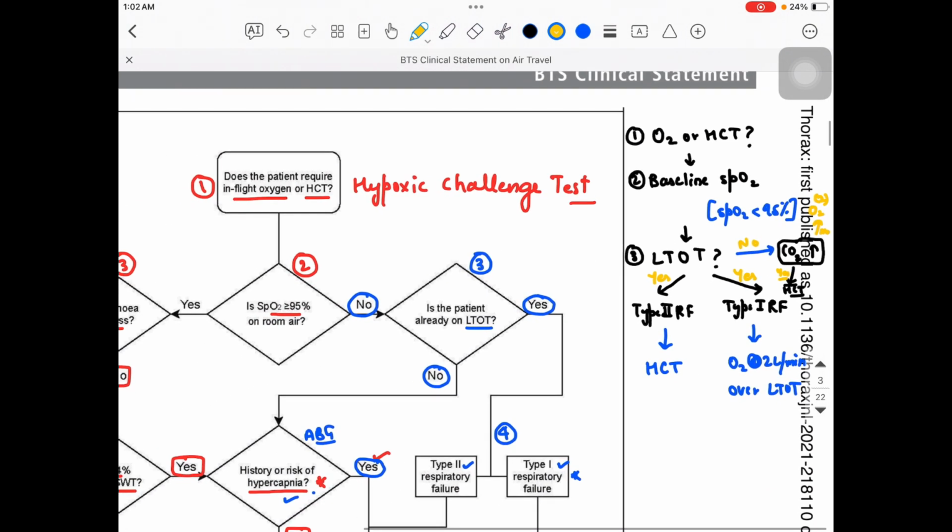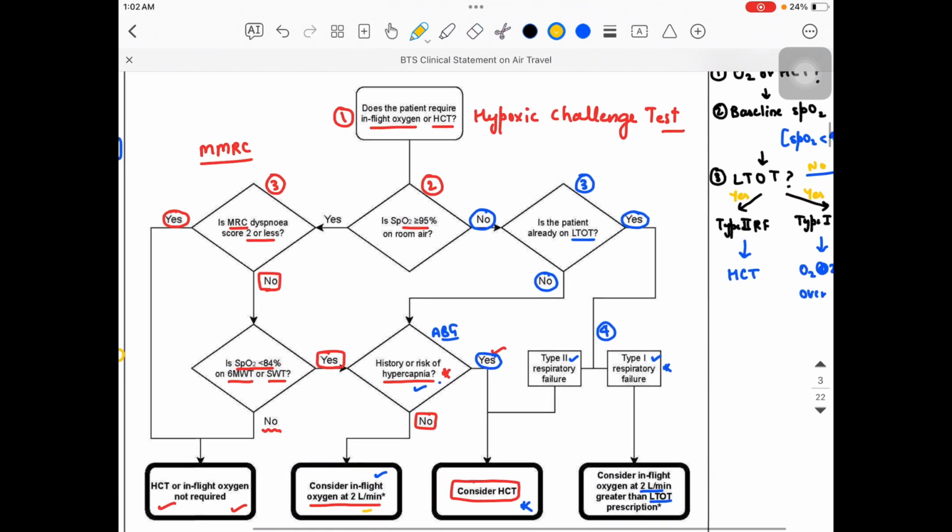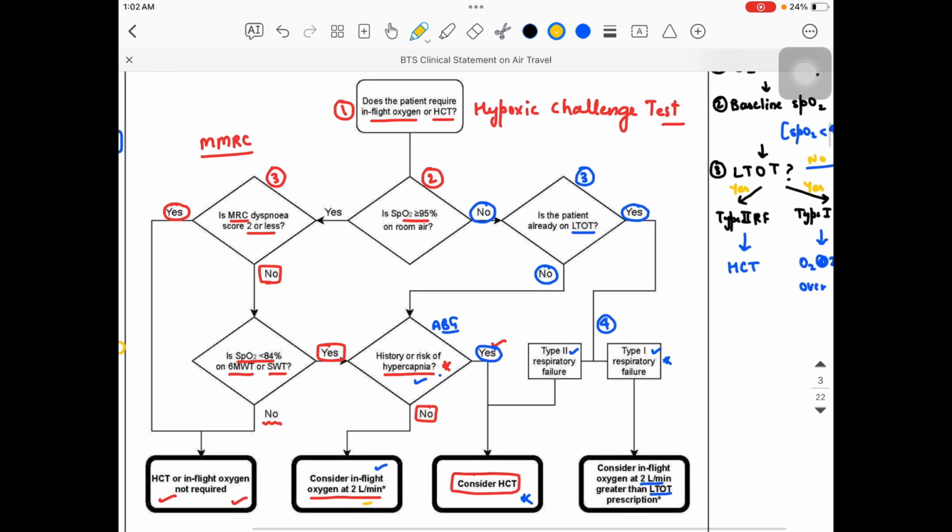Okay, so I hope there is no confusion in the recommendations: what kind of patient needs the hypoxic challenge testing, what kind of patient needs oxygen support in the flight, and what kind of patients do not need oxygen in the flight.